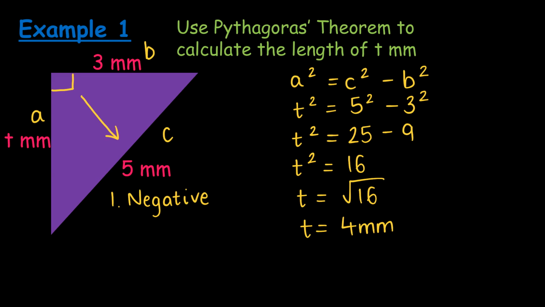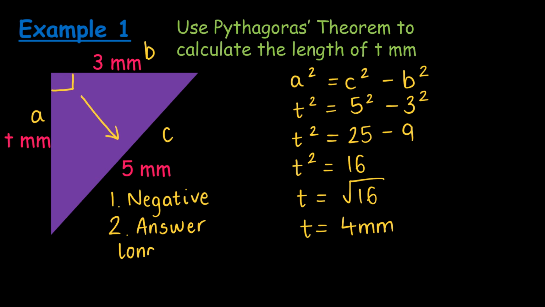So if you get an answer and it turns out to be negative, what you might have done is done 3 squared minus 5 squared. And if that's the case, then you'll be alerted straight away that it's wrong, and then you'll have to go back and fix it. Another clue there would be that your calculator won't let you take the square root of a negative. Then the second sign that you've made the mistake is if you get an answer that is bigger than the hypotenuse.